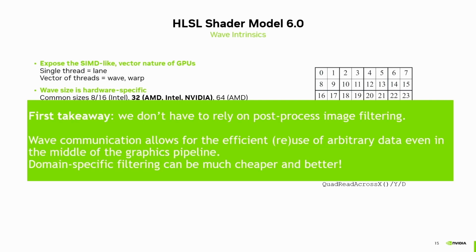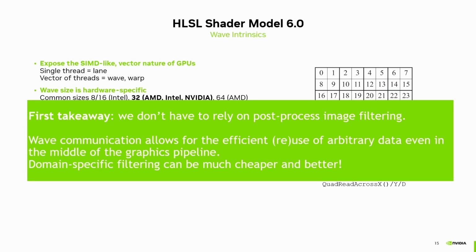I will scatter throughout my talk some takeaways that I hope are applicable even if you don't care about texture filtering. The first takeaway is that you don't have to rely on post-process image filtering. With techniques like wave communication or even splitting passes, you can efficiently use or reuse arbitrary data. And specifically with wave communication, you can do this even in the middle of a complicated material shader.